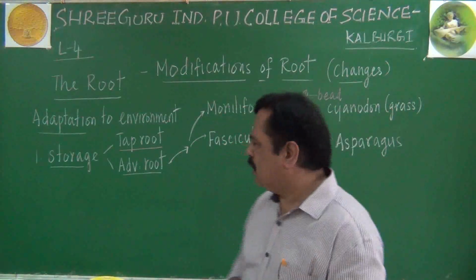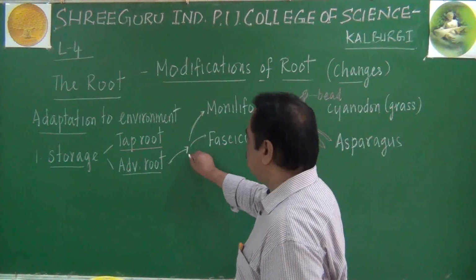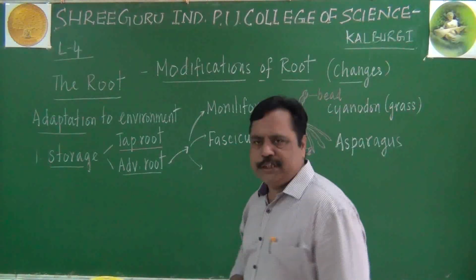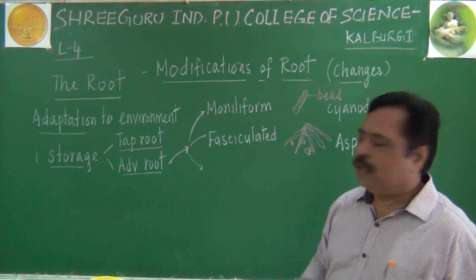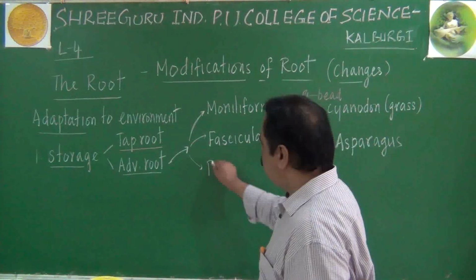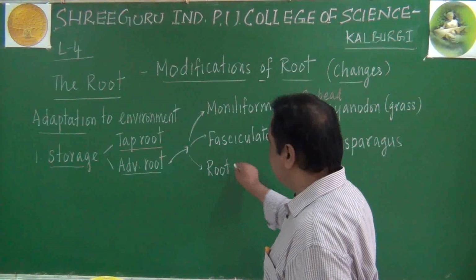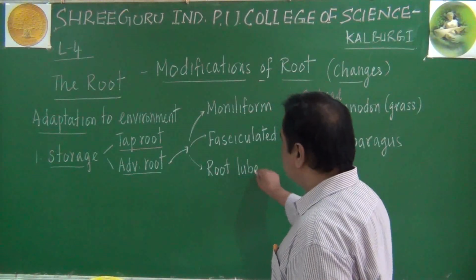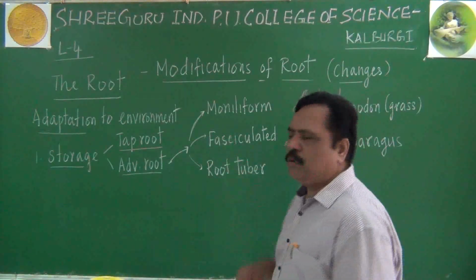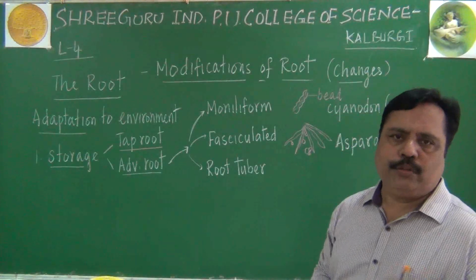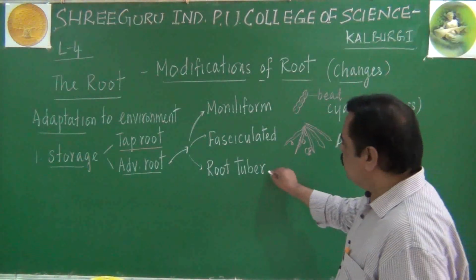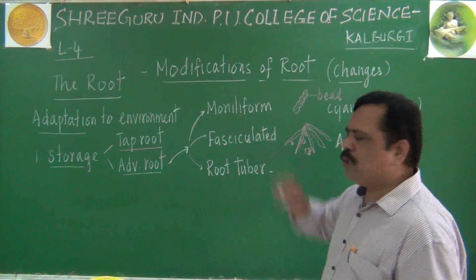There are many other examples we can come across with reference to adventitious root storage. There are root tubers, which is a very common one, which we have observed in sweet potato, remember. Here, a single root will undergo storage.